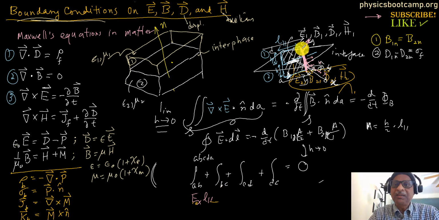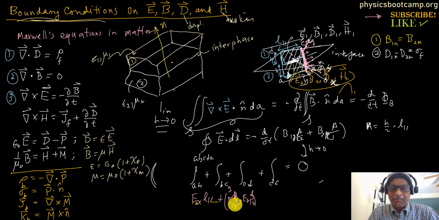This will be Ez2 times h over 2 plus Ez1 times h over 2, but when h goes to 0, this goes to 0, and D to A will similarly go to 0 as h goes to 0.